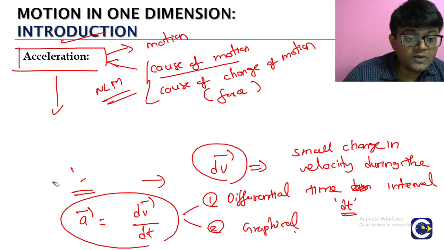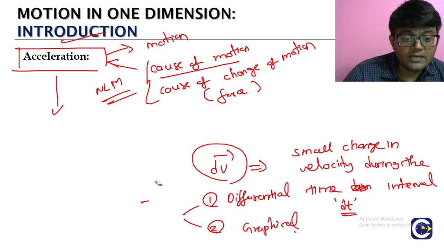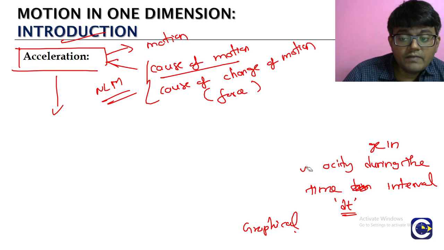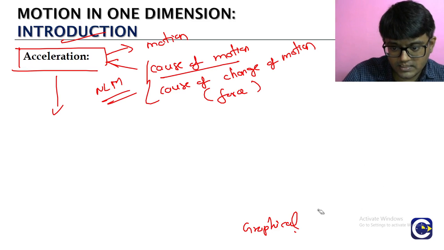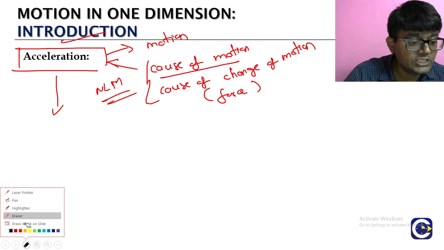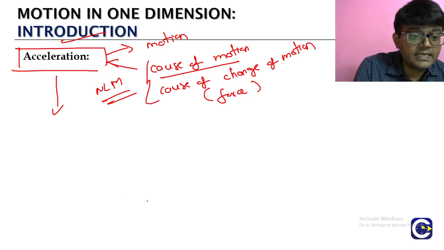Average acceleration is for a finite journey time interval. Instantaneous means when the time interval is very small, a differentially small time interval. So this is the definition of average acceleration and instantaneous acceleration.